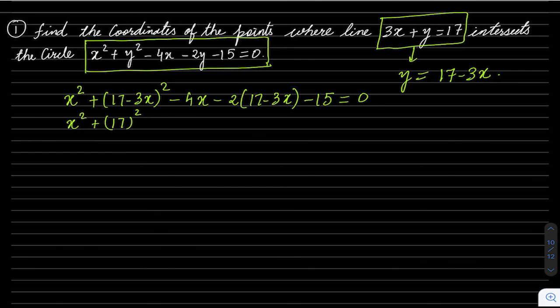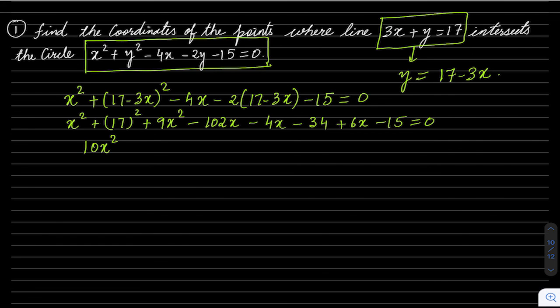Now this is x², this will be 17². You can open this using the FOIL method. This will be 9x² − 102x − 4x − 34 + 6x − 15 = 0.